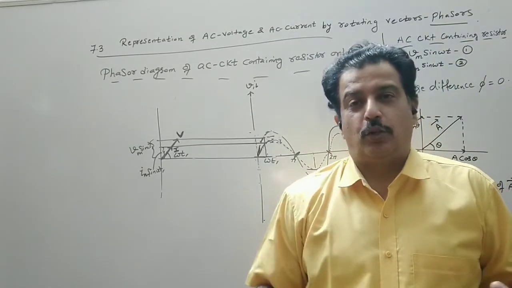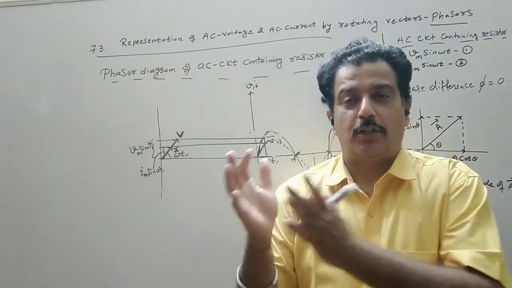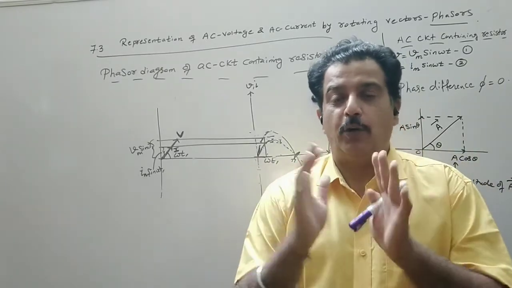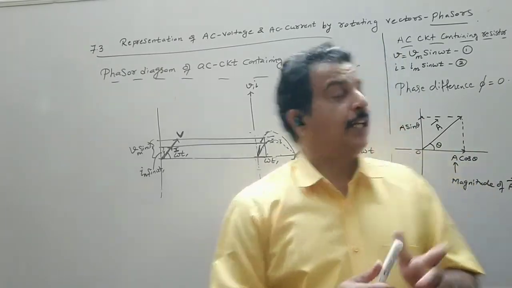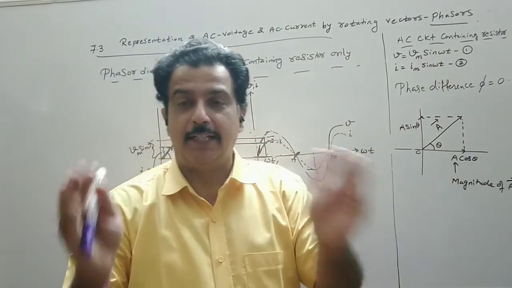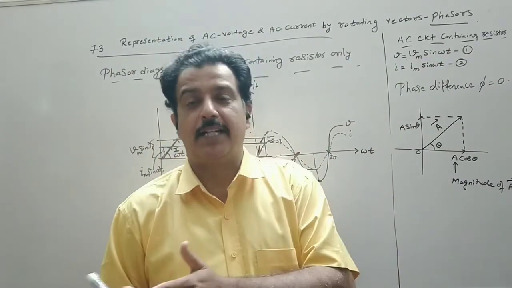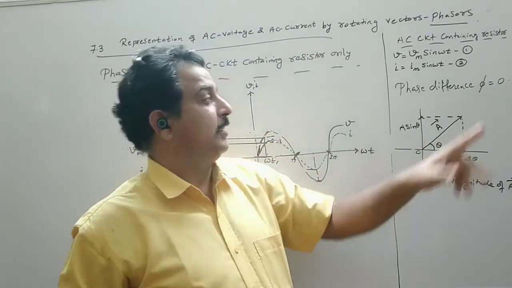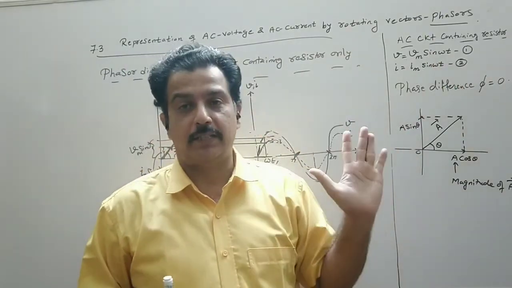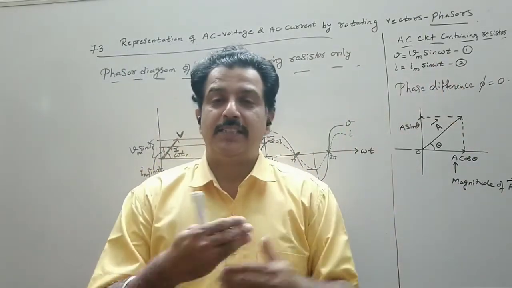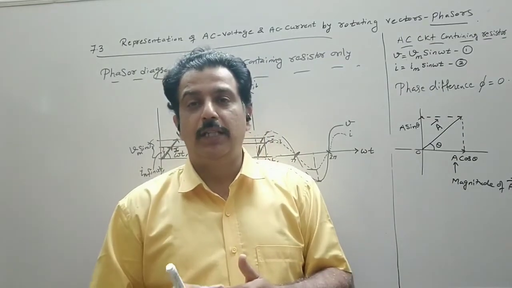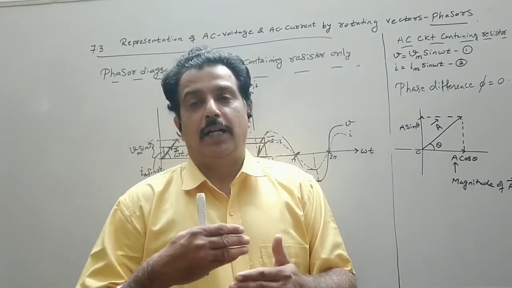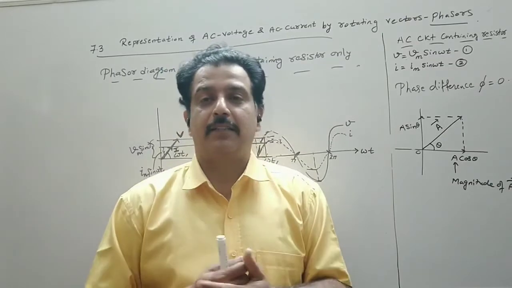In all the three topics, whether it is a resistor, inductor or capacitor, we have to find out V, the instantaneous V, that is fixed, that is our AC source, AC generator, which we connected across the resistor or inductor or capacitor. So this equation remains fixed. I will keep on changing, because it may lead or lag the voltage.